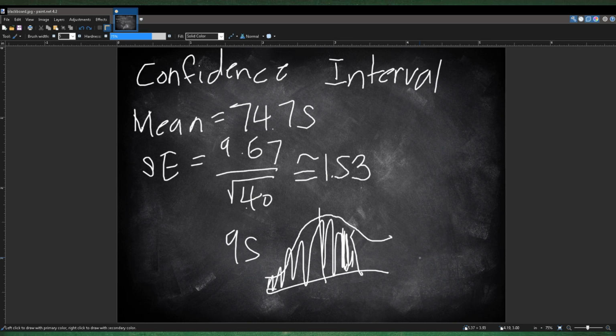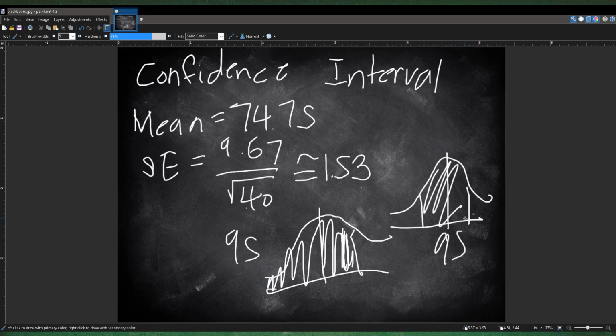Since the t model is symmetric, you want a 95% area between. So let's draw this out. If this area is 95%, it's symmetric on both sides, so this is 2.5% and this is also 2.5%. Then 2.5 plus 2.5 is 5, plus the 95 is 100.